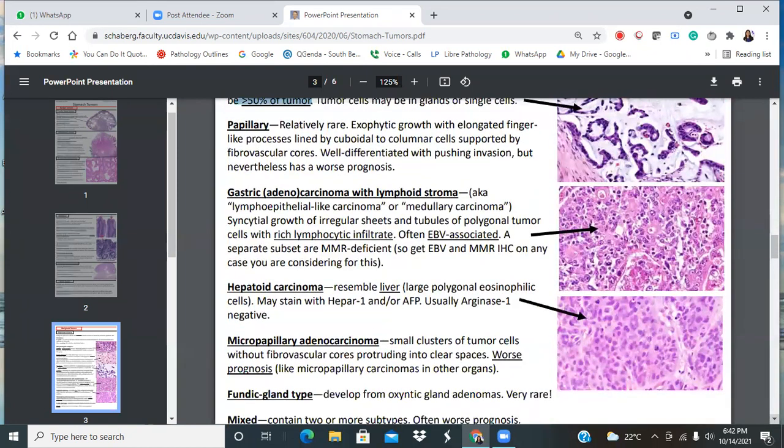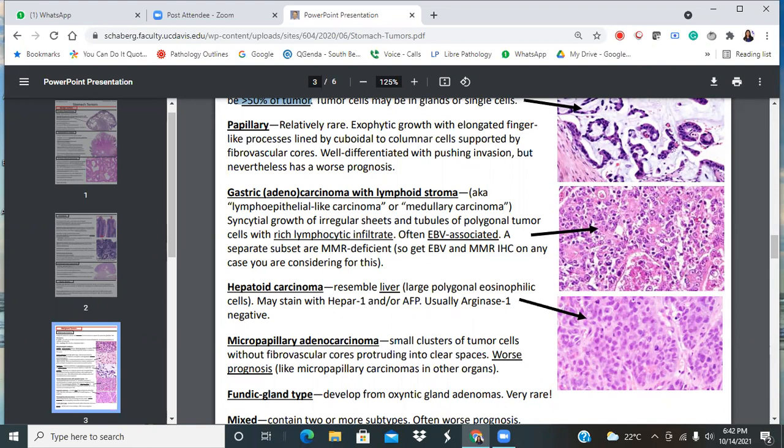Gastric adenocarcinoma with lymphoid stroma, also called lymphoepithelial carcinoma or medullary carcinoma: syncytial growth of irregular streaks and tubules of polygonal tumor cells with rich lymphocytic infiltrate, EBV associated. A separate subset are MMR deficient. So get EBV and MMR IHC on any case you are considering for this.